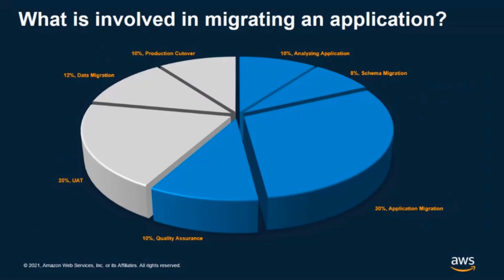So what's involved in migrating an application? Mac, why don't you give everyone a bit of an overview of the different stages of a migration? Yeah, the different stages: we initially start off with the assessment of the application to understand what kind of workload it is. After analyzing the application, the conversion process starts, beginning with migrating the schema itself, and then migrating the code, database code as well as the application code.